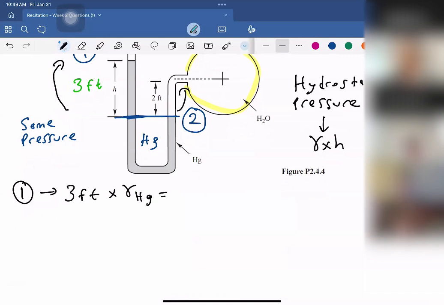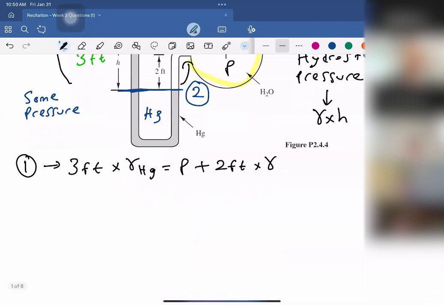And on the right-hand side, we have pressure in the pipe plus this 2 feet of pressure, with another specific weight.